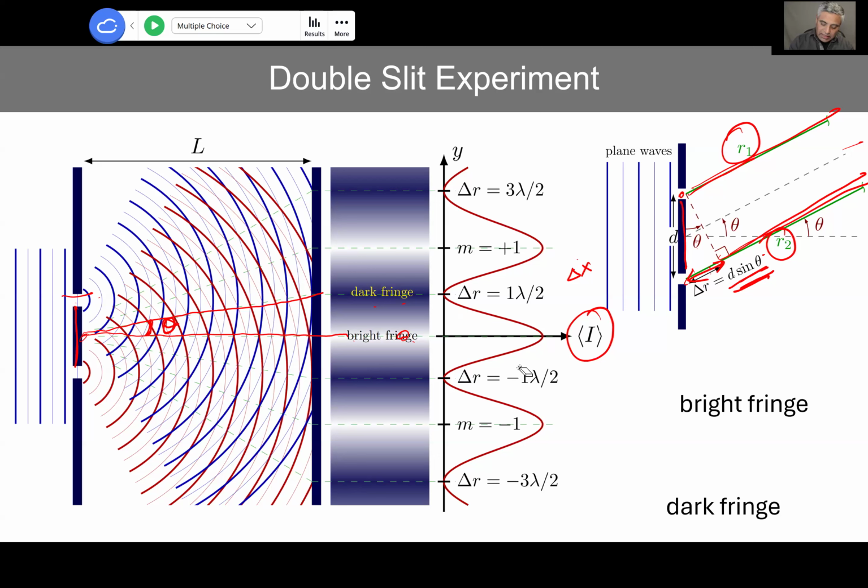Now, there are a lot of things in this diagram. Wherever this path difference is half wavelength, this is dark. Wherever it is a full wavelength, as we saw in the problem, it is bright. And whenever it is 3/2, it is dark again. It happens on both sides of the center.